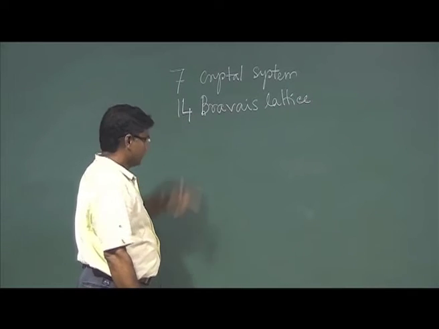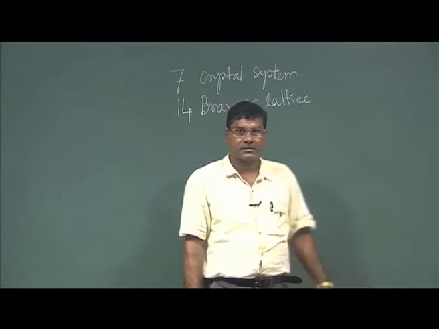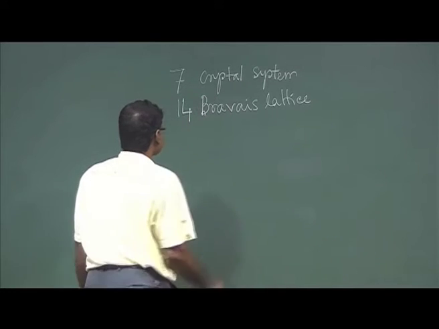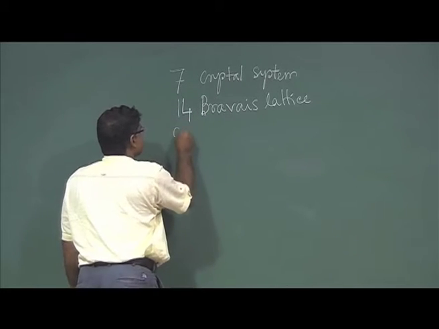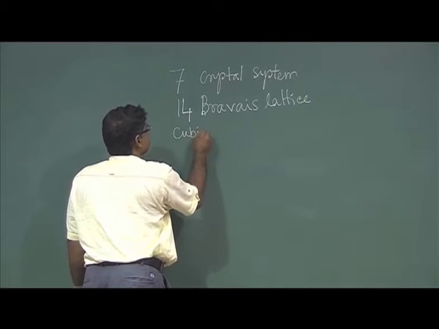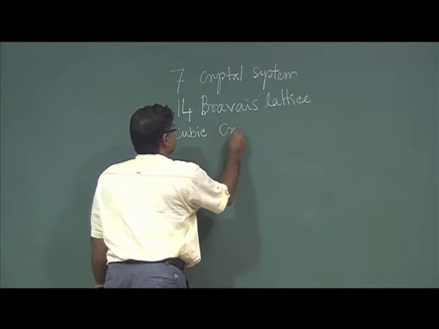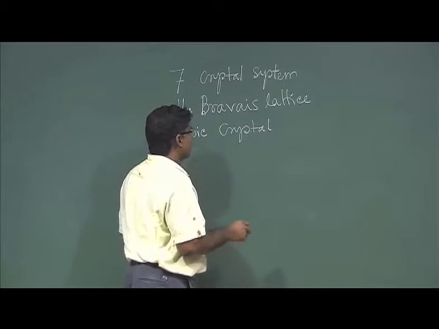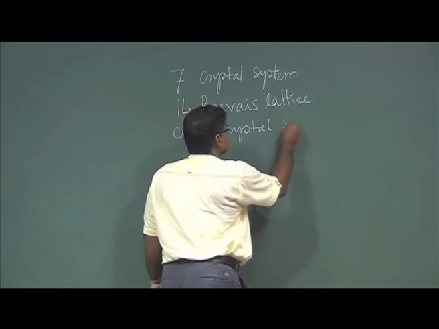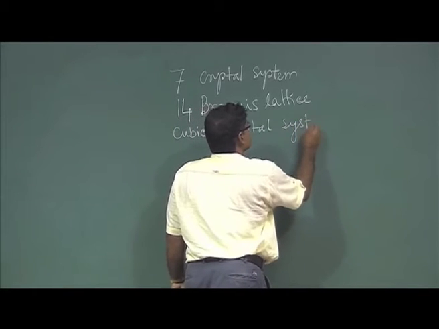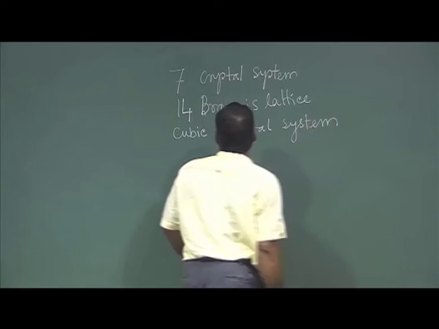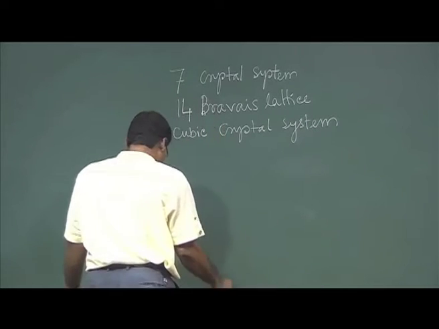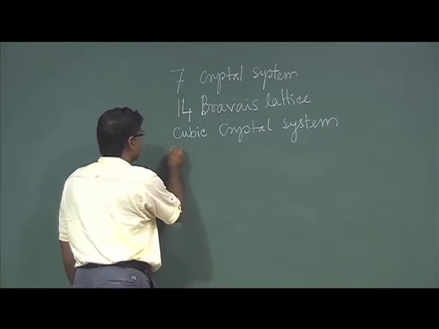So, let us consider the cubic system, the cubic crystal. The cubic crystal system has 3 Bravais lattices. One is simple cubic.